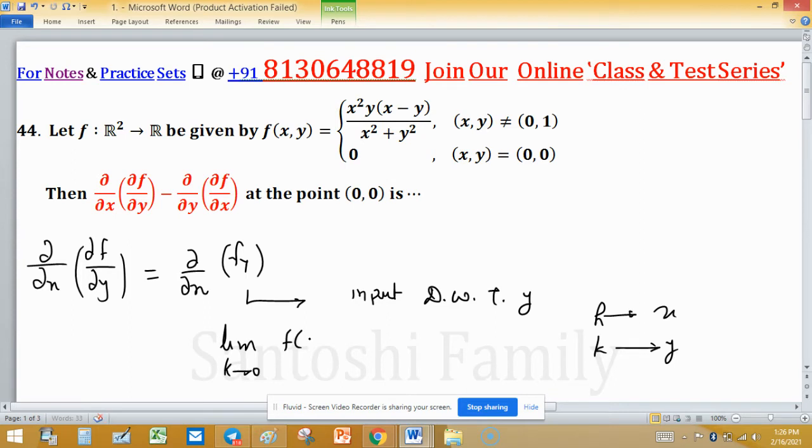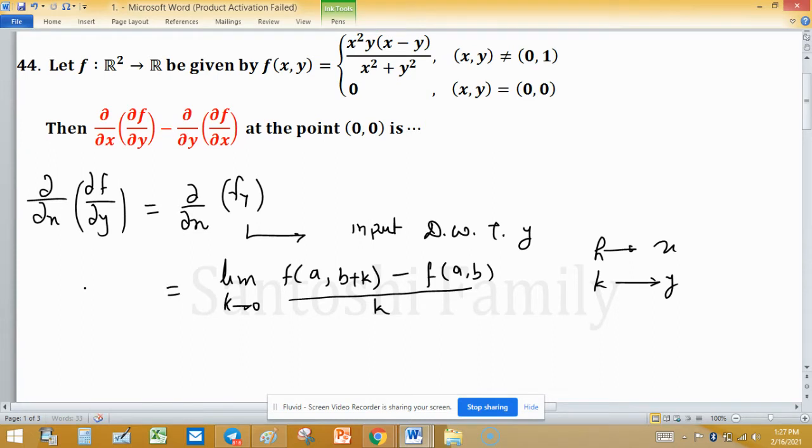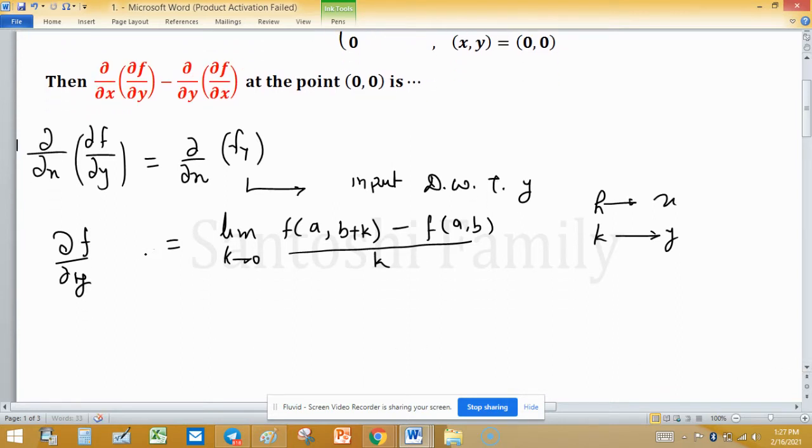Limit of f of a comma b plus k minus f of ab divided by k as k tends to 0. This is the meaning of the partial of f with respect to y at the point (a, b).